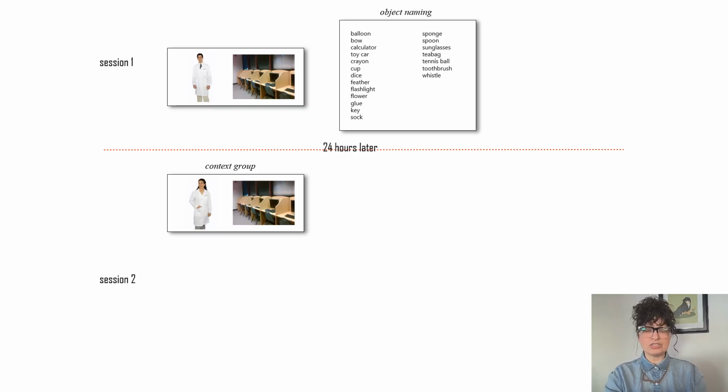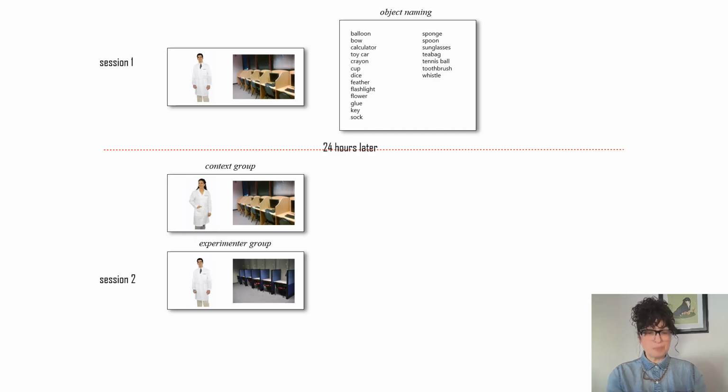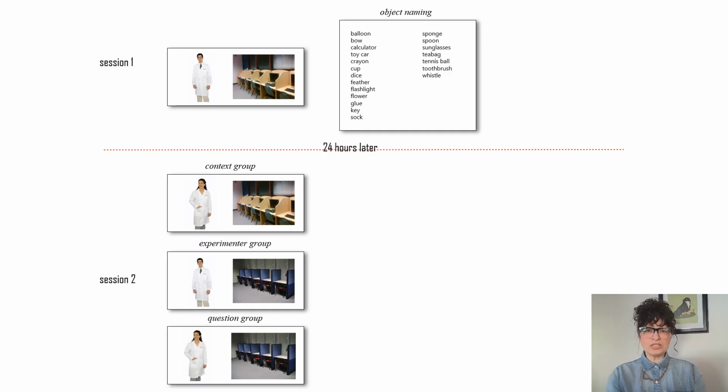So for the second session, they could have been in the context group, where they were tested in the same lab but with a new researcher. The experimenter group, where they were tested in a new lab but with the same experimenter. Or the question group, where the participants were tested in a different lab with a different researcher, but were asked, can you describe the general procedure of what you did on Monday?